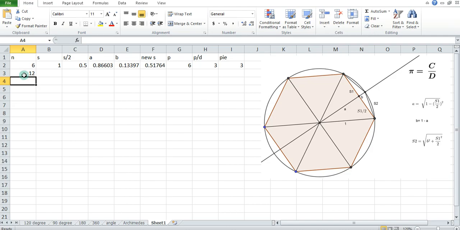Then the new polygon is 12 sides, and the S is the new S. The previously we took the new S, so this one should be equal to this one, and we know this S by 2. The S by 2 is this one divided by 2.